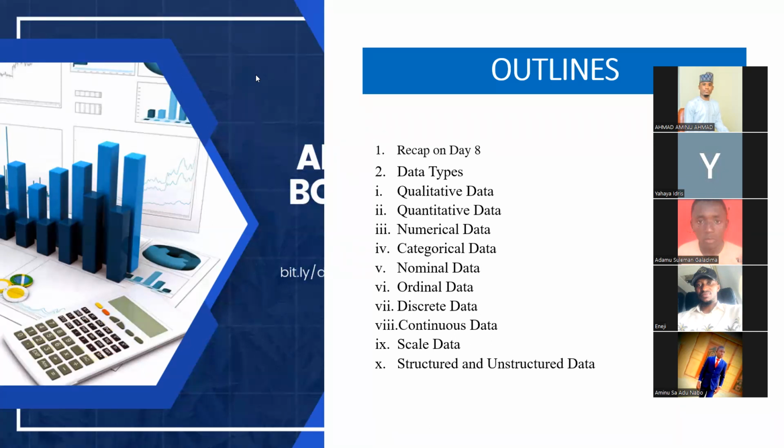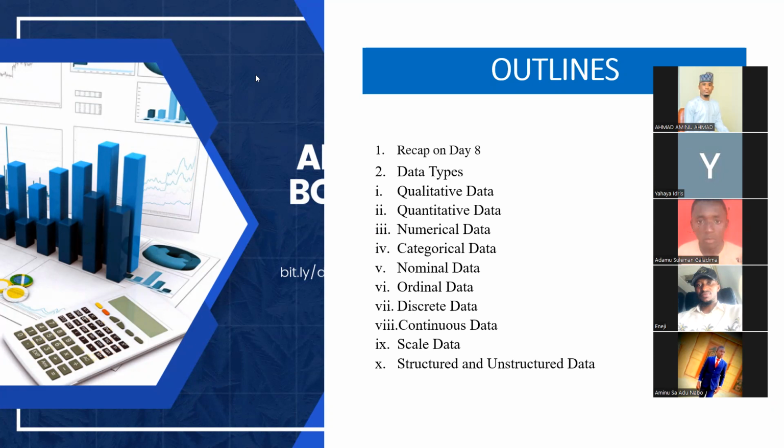So someone will call qualitative data categorical data. This categorical or qualitative data is divided into two: we have nominal data and we have ordinal data. Please take note of all this.